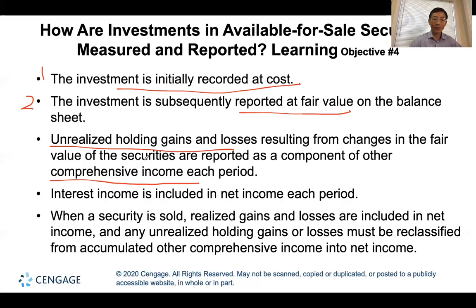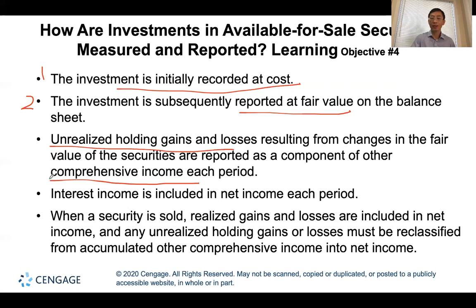Because they go to comprehensive income, directly to the balance sheet, to increase or decrease comprehensive income. You know the difference between net income and comprehensive income? Net income is, in one year or one period, how much profit the company operated and made.